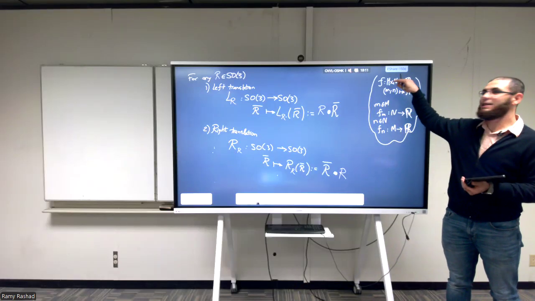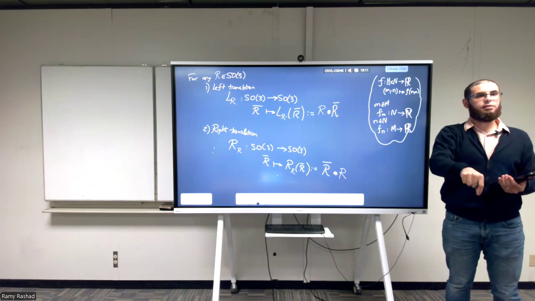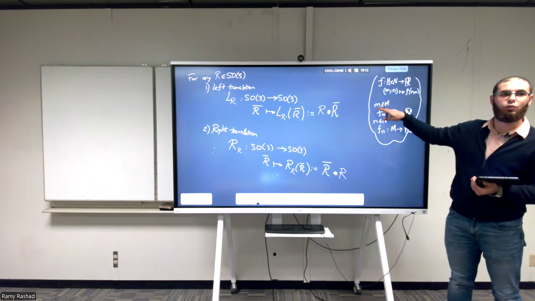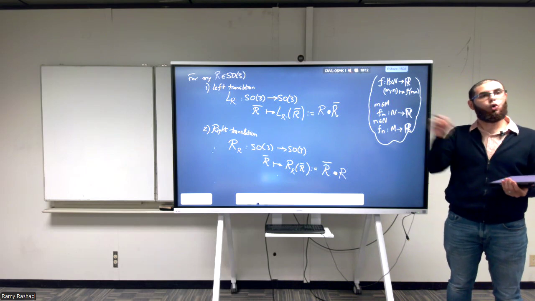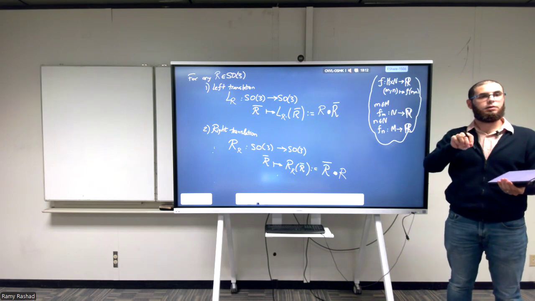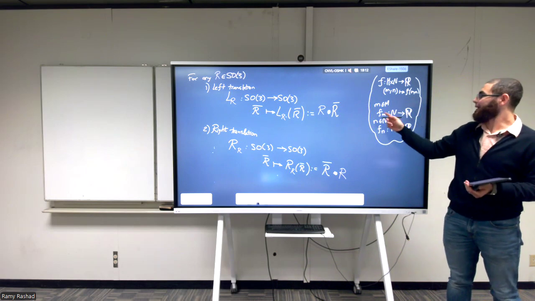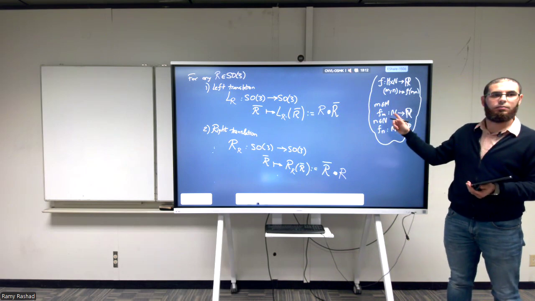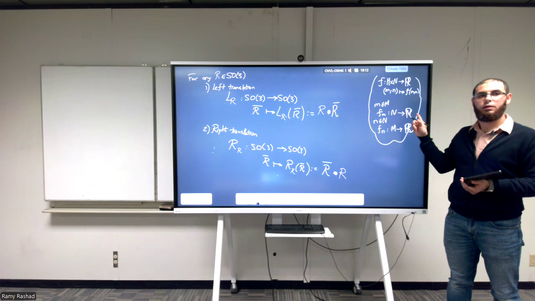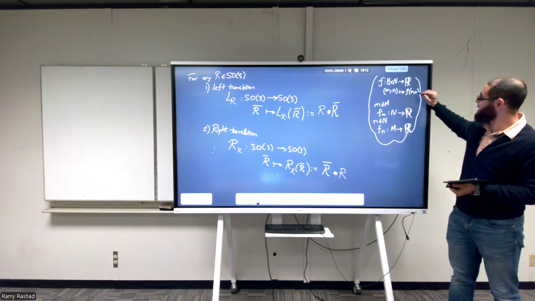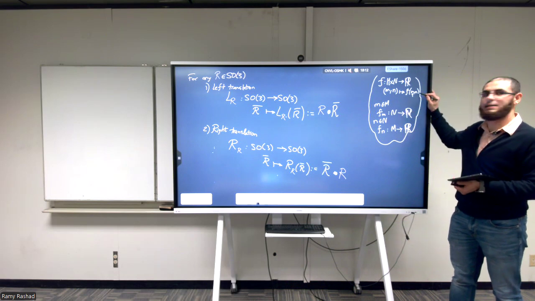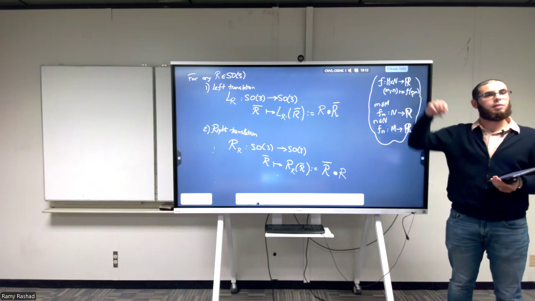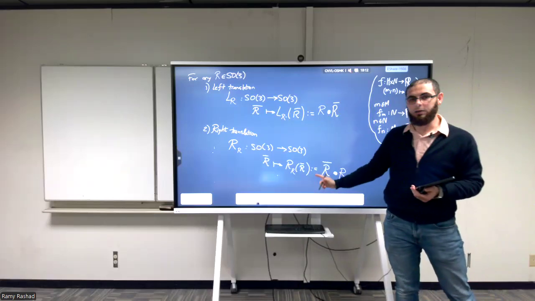If I choose one of these elements, one of these x's, to be fixed, then I have only the y that's changing. Then I have a new map that takes only elements from N that goes to R, by only fixing that element in this map. And in the second case, I fix the second slot and I only enter something in the first slot. This is what happens here.